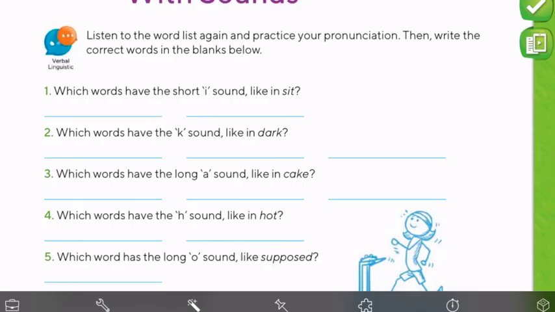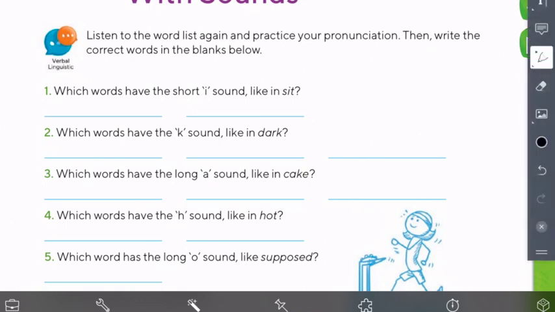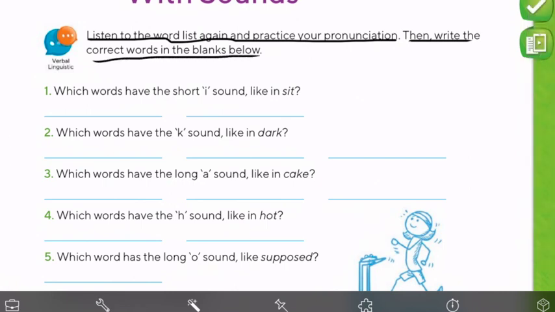This is page number 4, and let's read the instruction. Working with sounds. Listen to the word list again and practice your pronunciation. Then write the correct words in the blanks below. We're going to listen to the audio and repeat after the audio. All right? Here, this is the audio, and when we finish, we continue. Go.